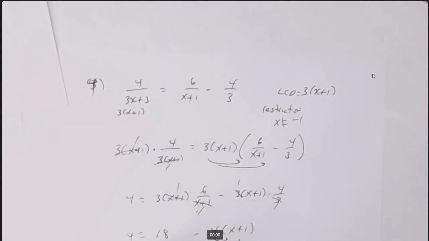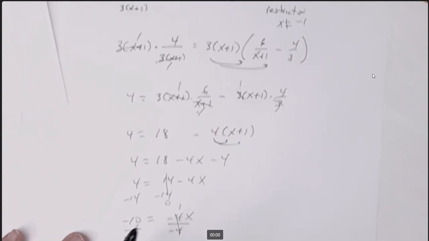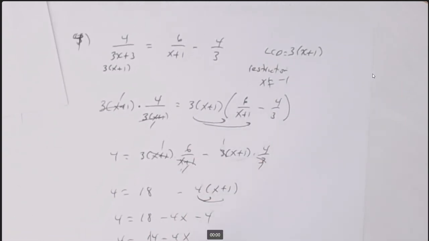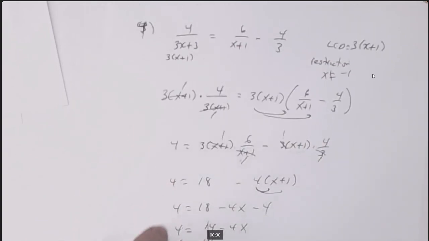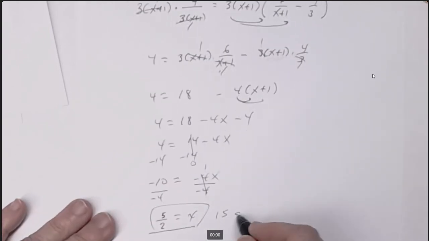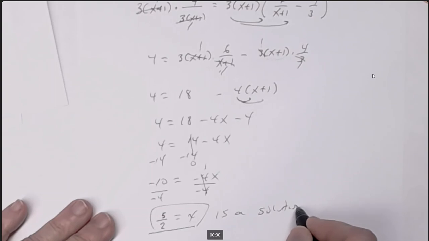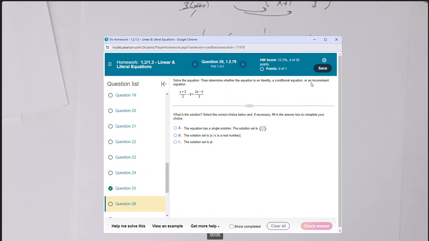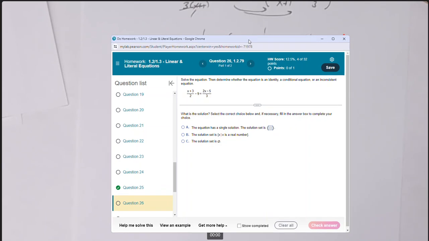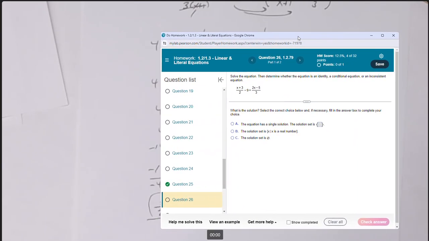So here's your solution. Then if we go back and answer the question about conditional, identity, or inconsistent, is it a conditional equation, identity, or inconsistent? Conditional, because you can count how many solutions there are. How many are there? Just one. It's a conditional equation.